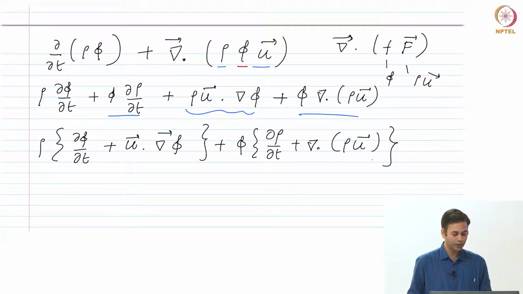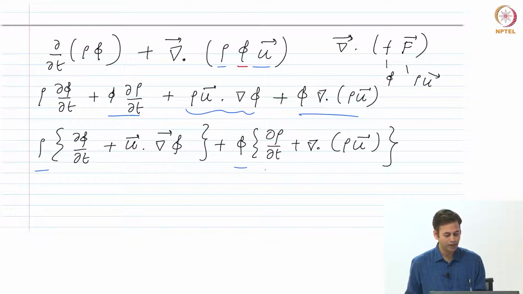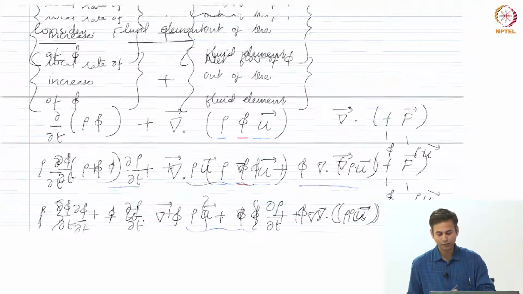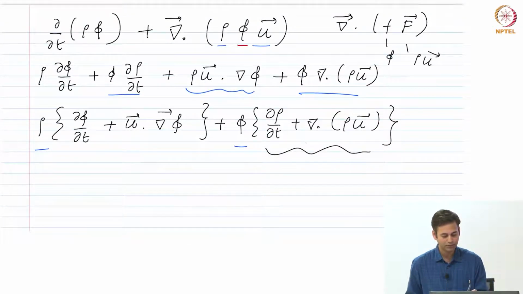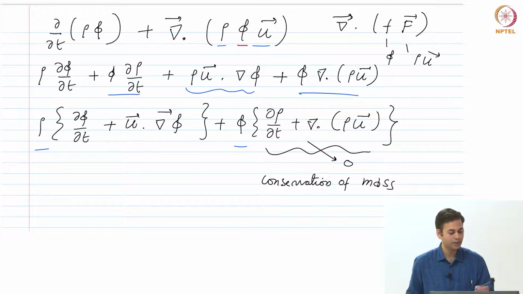So, I kind of got two expressions, one multiplying the density, the other one multiplying the phi, okay. Now, what would be the value of this quantity? Partial rho partial t plus del dot rho u bar, that is 0 by virtue of the conservation of mass, okay.